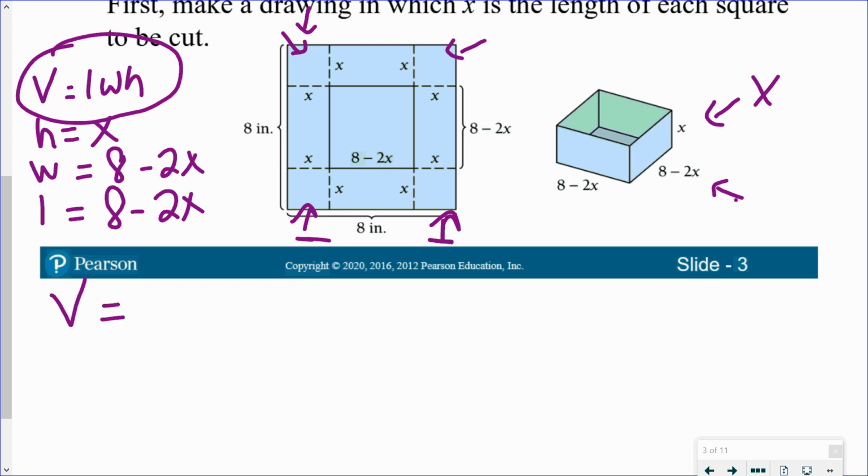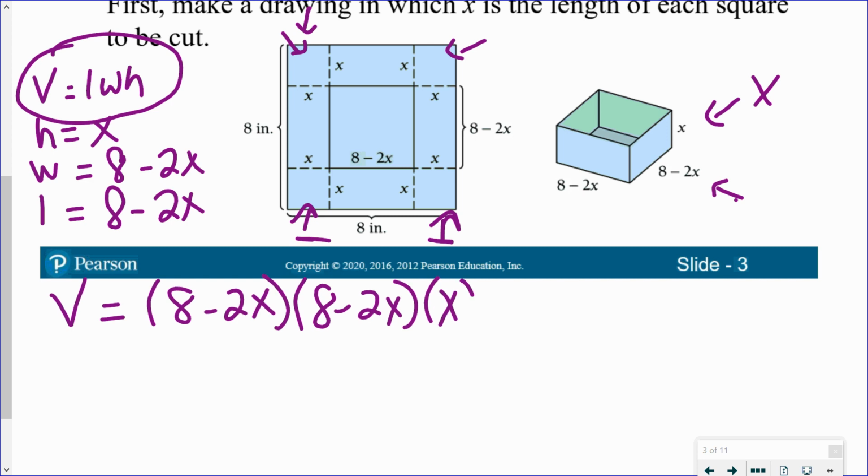Volume equals length, 8 minus 2x, width, 8 minus 2x, and my height, which is x. Let's go ahead and multiply that together. Volume equals 8 times 8 is 64. We have to multiply 2 of them together, and then we'll come back and do the other.